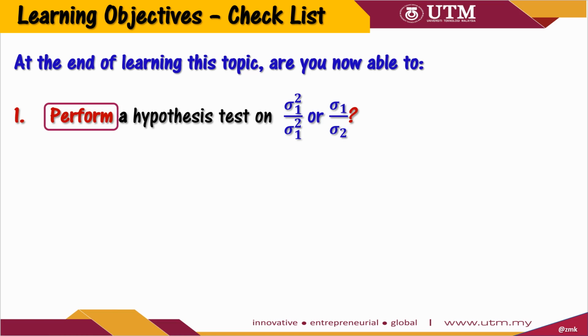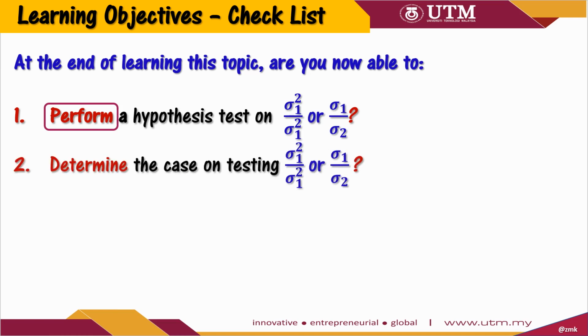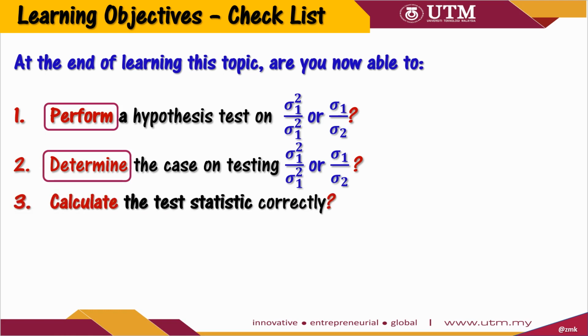Please bear in mind that you do not test a ratio of sample variances. Second, are you able to determine the only case on testing these ratios? We only have one case here that relates to the third objective, which is to calculate the chosen test statistic, which is an f-test, correctly.